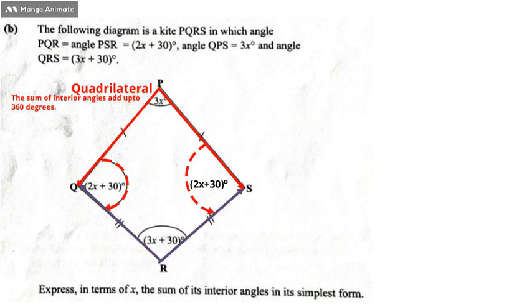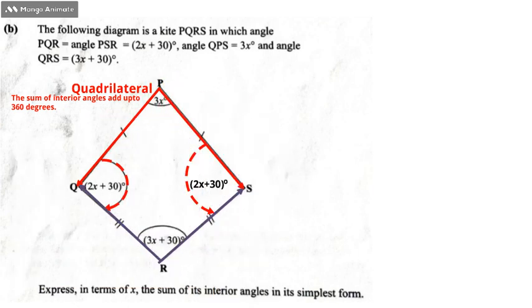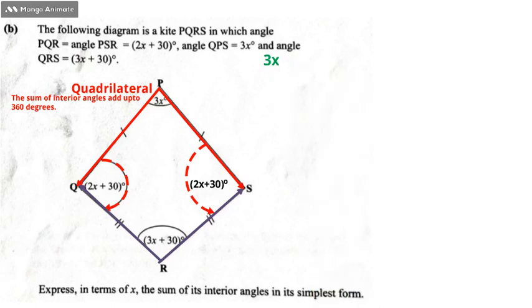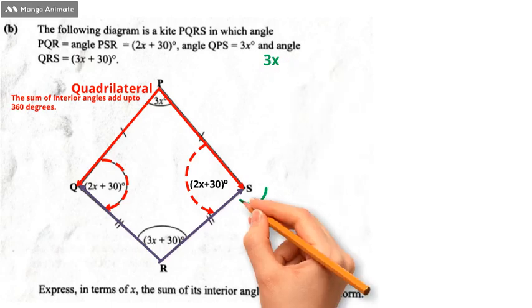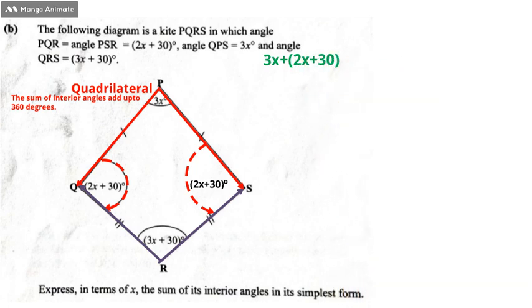Once we have identified that, the next thing we need to do is come up with an expression. So we're going to start writing. We have got 3x on angle P, so we write 3x degrees plus, then we come to the point S. We write 2x plus 30 degrees in brackets.